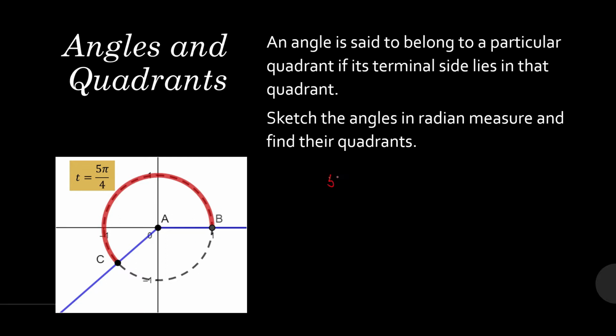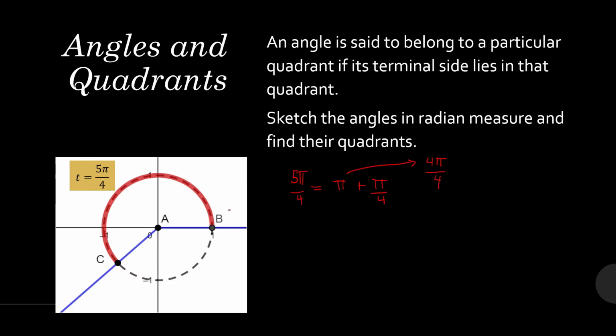You can write 5 pi over 4 as pi plus pi over 4. Just in case you cannot see why this came about, this pi here is just 4 pi over 4. And so 4 pi over 4 plus pi over 4, that is 5 pi over 4. So 5 pi over 4 is equal to pi plus pi over 4.